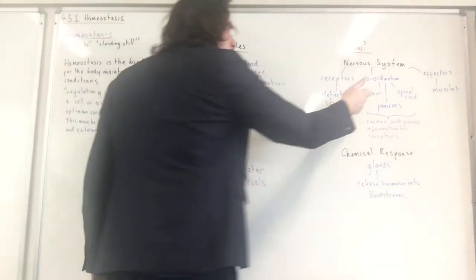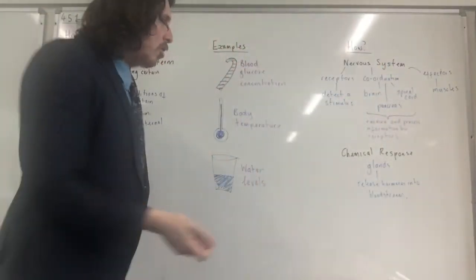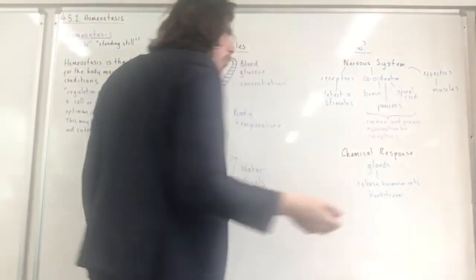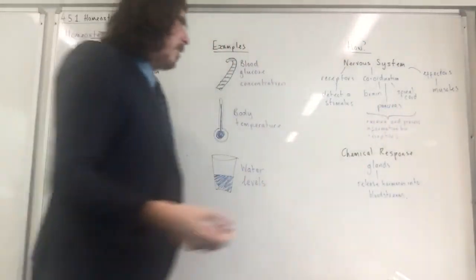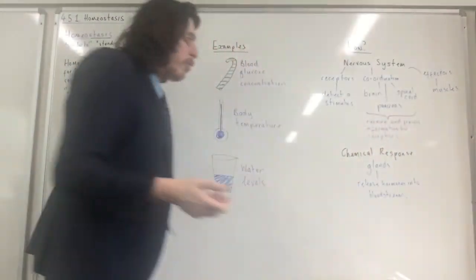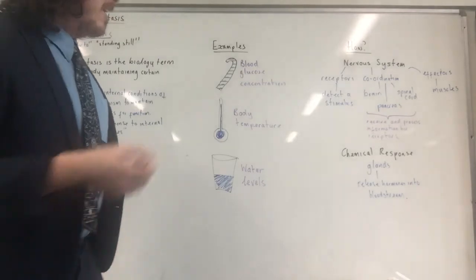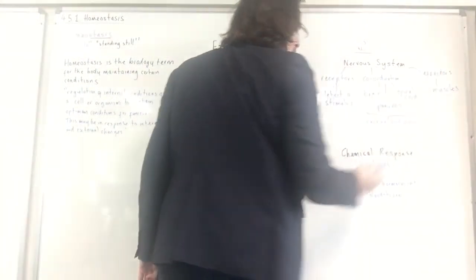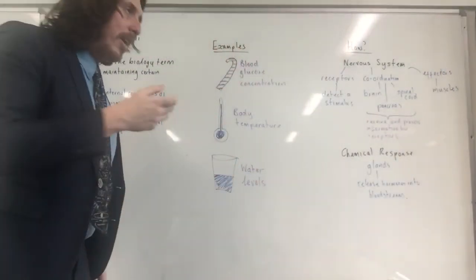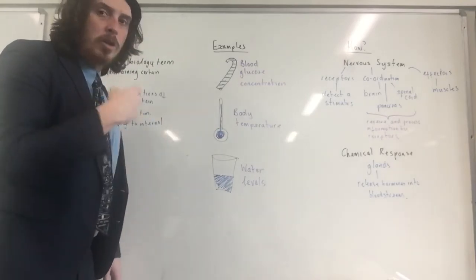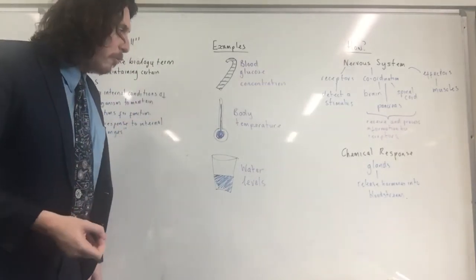There is something that coordinates these messages, such as the brain, the spinal cord, even referring to the pancreas when we talk about insulin. These coordinators receive and process the information that's passed on from the receptors. And then after that, as a result, the effectors, such as the muscles, are the thing that produces an end result and causes that change to keep things constant.